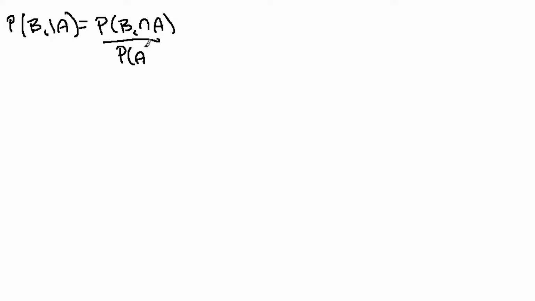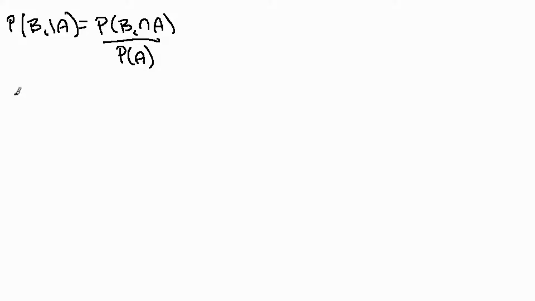Okay, so remember, our goal here is we're trying to calculate P of B1 given A. And we're saying, well, that's equal to P of B1 intersection A over the probability of A. And here's the first thing. I want to look at the top and the bottom.